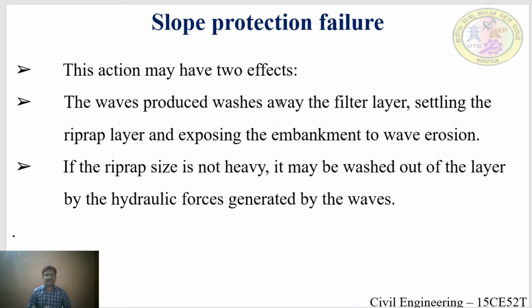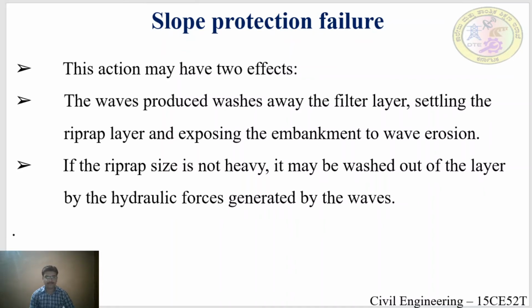This action of waves rapidly beating the upstream face of the dam has two effects. One, the waves wash away the filter layer, settling the riprap layer and exposing the embankment to wave erosion. Second one is, if the riprap size is not heavy, it may be washed out of the layer by hydraulic forces generated by the waves.